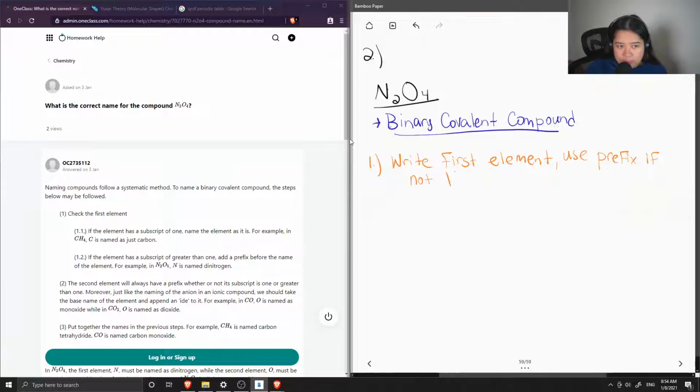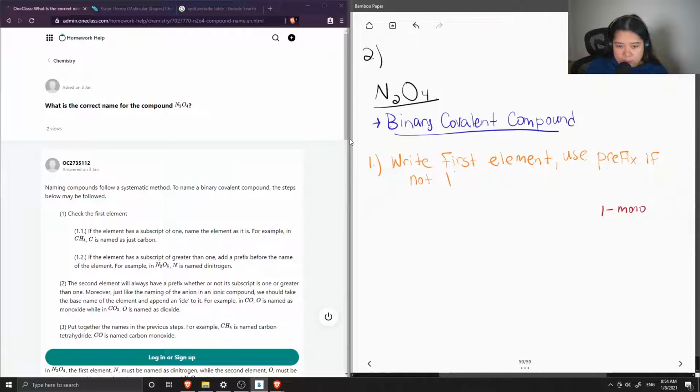So in our case, we have 2 nitrogens, so we would have to use a prefix of di. So let me quickly go over all of the prefixes on this side over here.